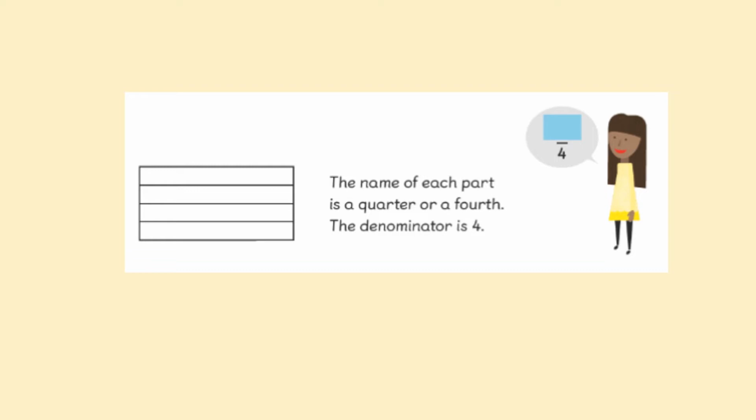Where does that word come from? Fourth makes sense. But again, if you think of your Spanish, the Spanish for 4 is cuatro. So that's quite similar to quarter. The denominator of this fraction will be 4 because there are 4 equal parts. No matter how many parts get shaded in, 4 is always going to be the denominator.